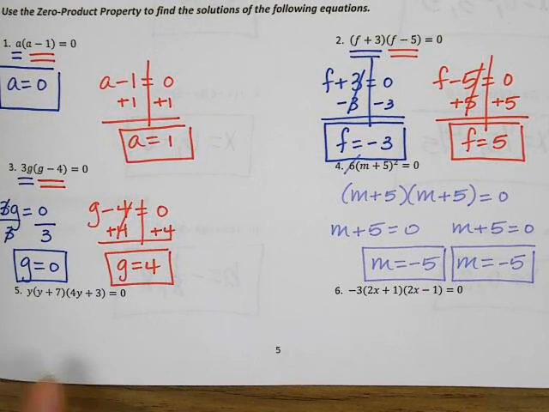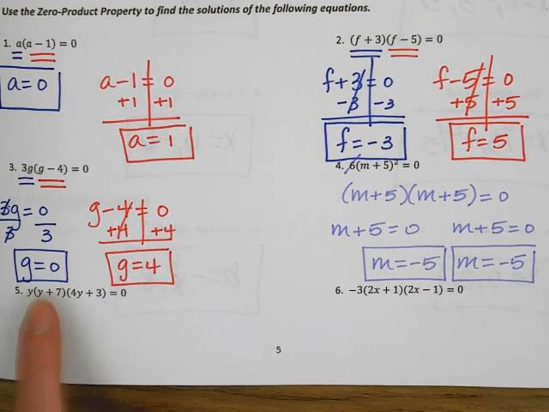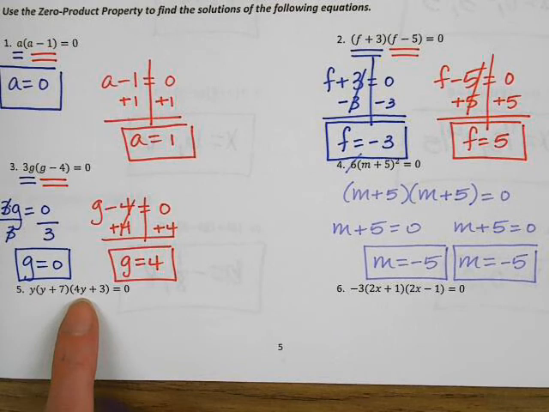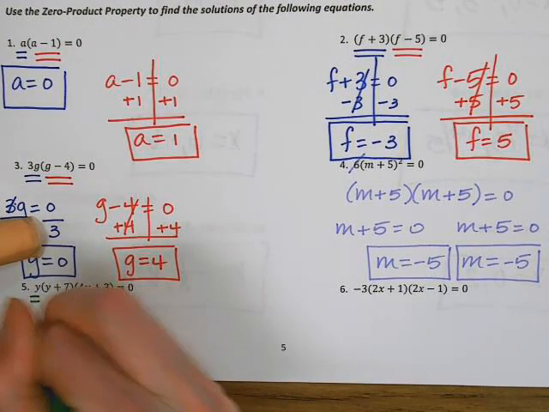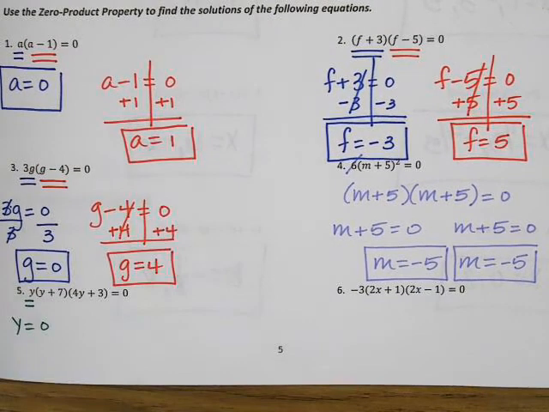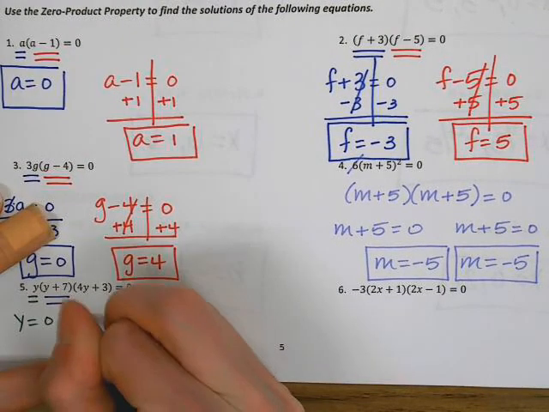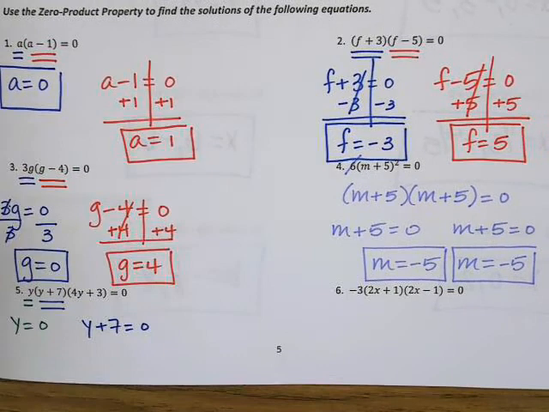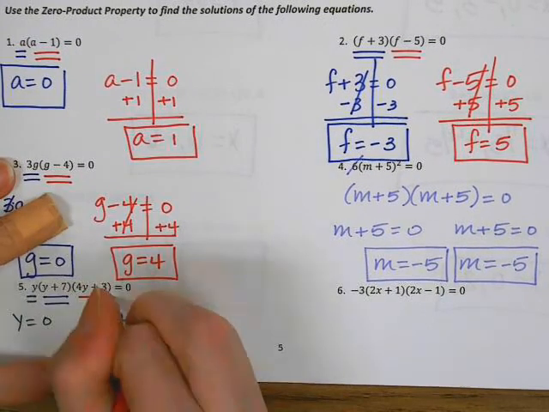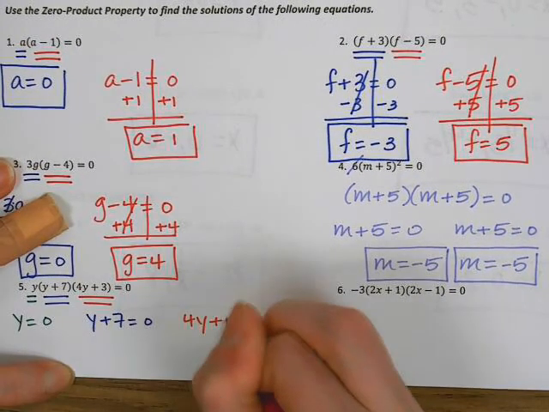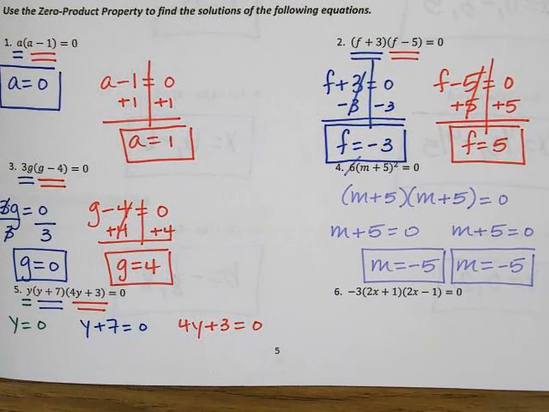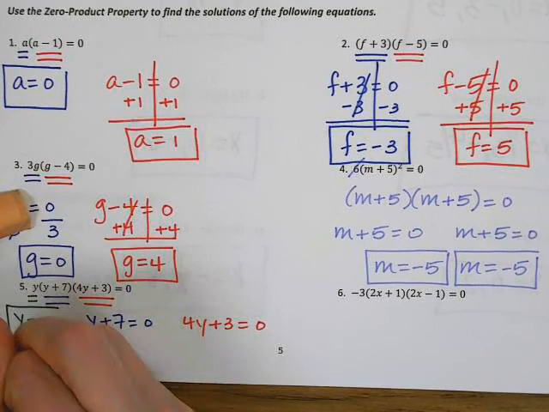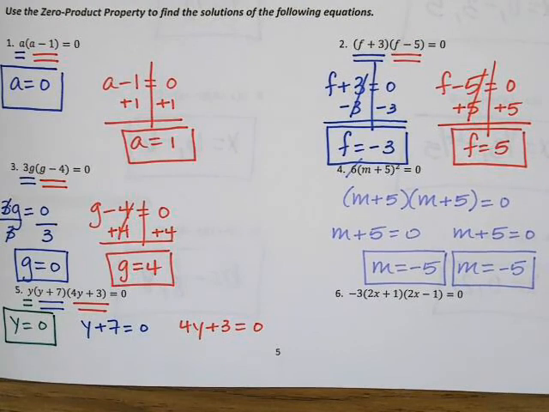Now, number 5. Look, we have 1, 2, 3 y's, so we're going to have 3 answers. We're going to set the first one equal to 0. We're going to set the second one equal to 0. And we're going to set the third one equal to 0. And you're going to have 3 answers. Now, this one's already solved. y equals 0.